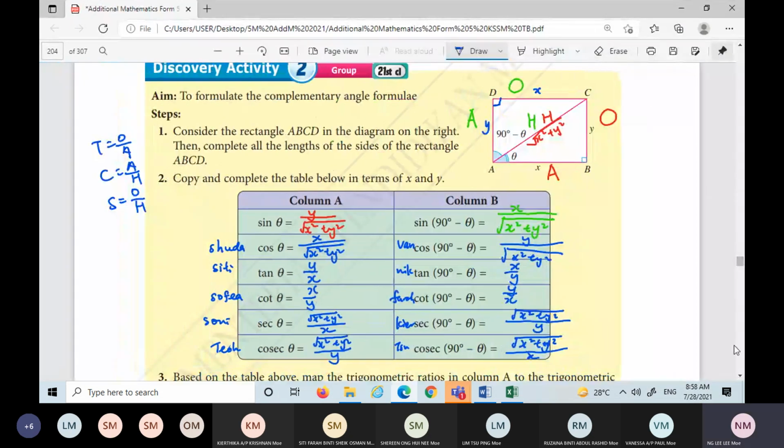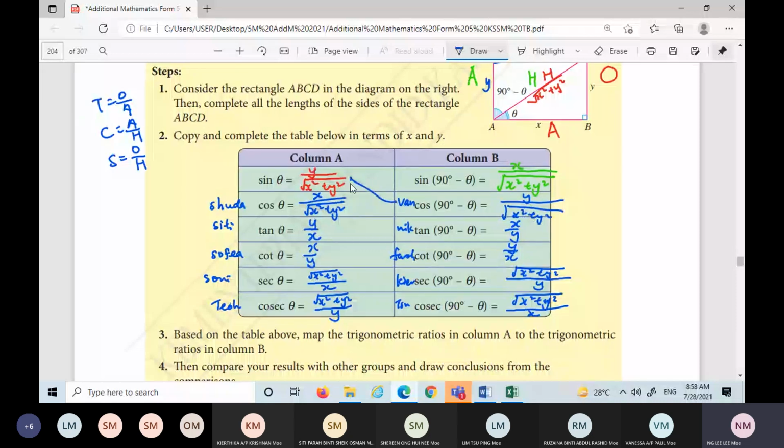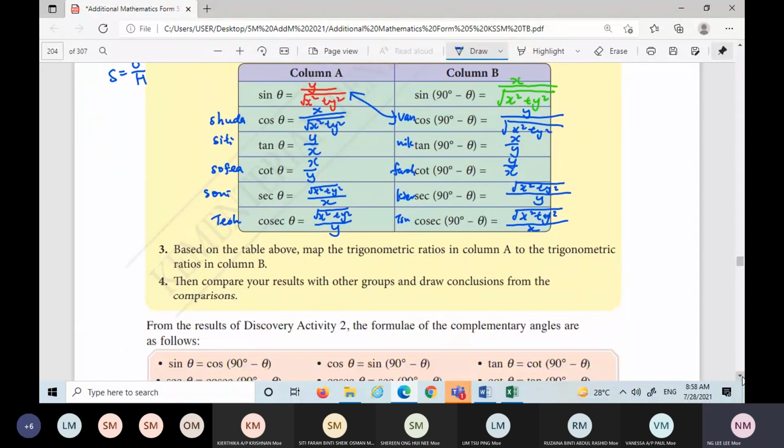Okay, so after that, you see which ones are the same. You match column A to column B. You see y over something, this and this are the same. Therefore, the first conclusion: sine theta equals cos 90 minus theta.